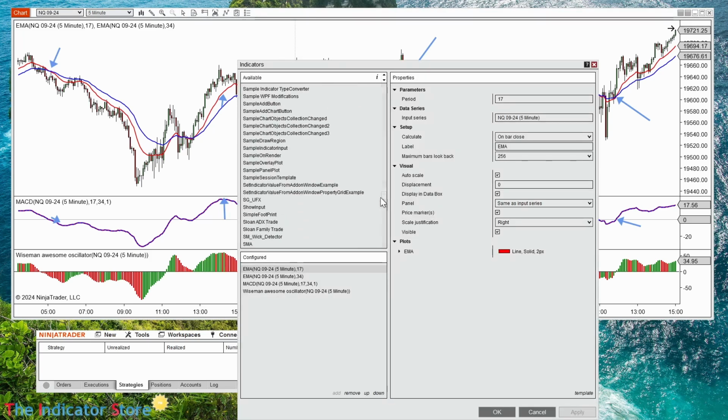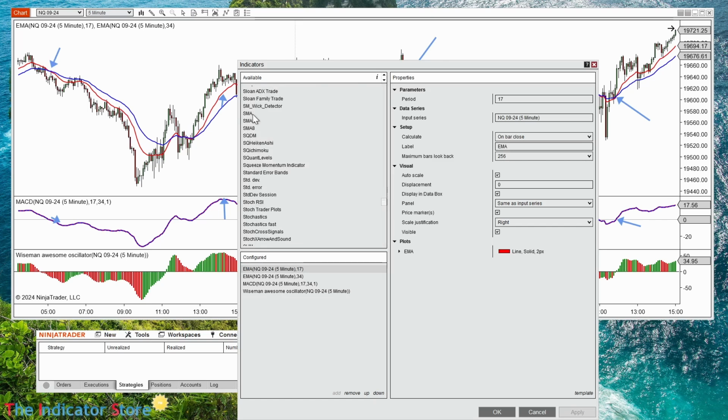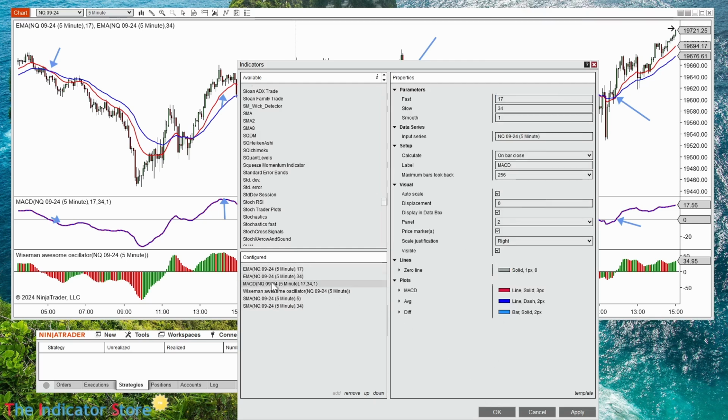If you want to check by yourself, add two simple moving averages. The fast is 5 in color red, and the slow is 34 in color blue. And to avoid any confusion, let's hide the exponential moving averages and also the MACD.